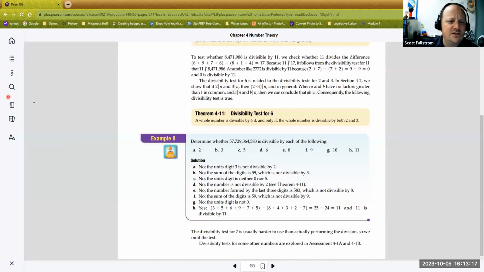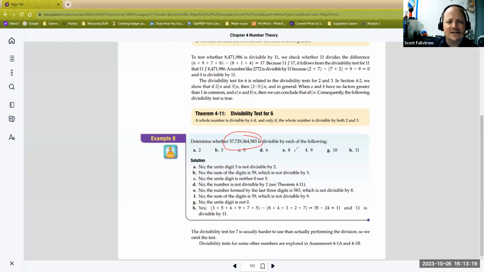This is pretty typical of a test question. I give you a massive number, so massive that your calculator probably won't be able to tell you whether it works or not. And that's the goal, because it doesn't matter whether your calculator can tell you. You can look to see, is it divisible by 2? Remember, the test for 2 is the last digit. It is not divisible by 2. Test for 3, I add all the digits up.